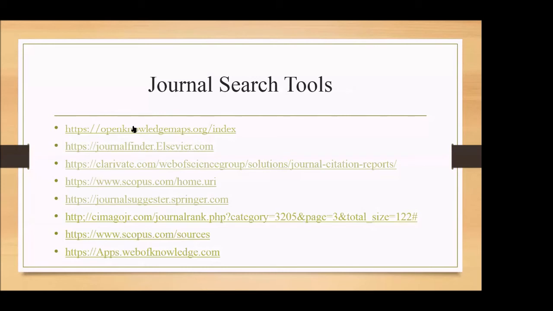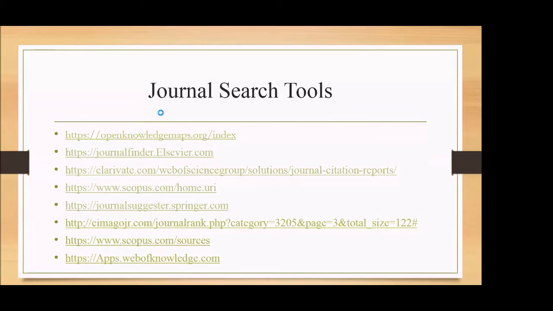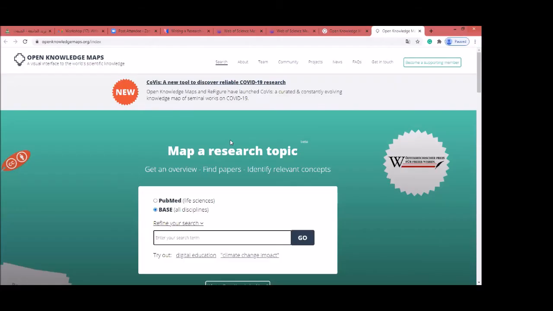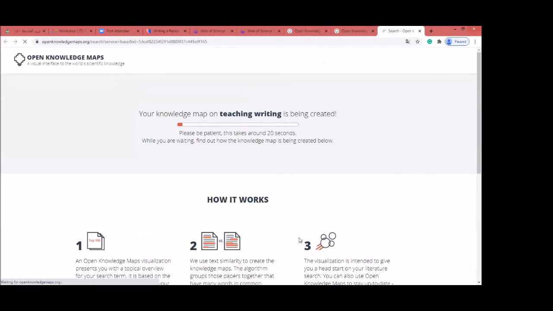Also, I found this in one of the workshops and I want to share it with you. This is called Open Knowledge Maps. If I want to write, let's say, teaching writing, the idea is to give you a map about a certain topic.